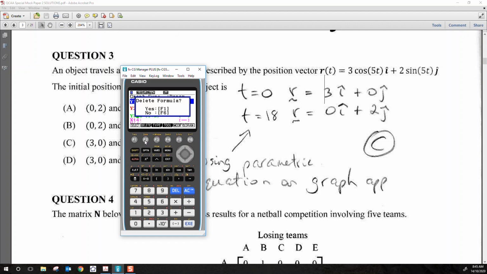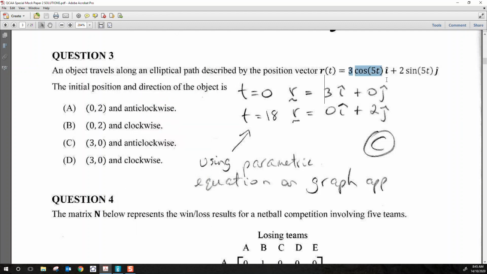Oh, those ones are still there. Well, I should have probably deleted those. If I reset my calculator before the exam, then none of that would have been there. So, in a parametric equation, we get to type in the formula for x and the formula for y. This bit here is the function that describes how the x coordinate of the particle changes with time.